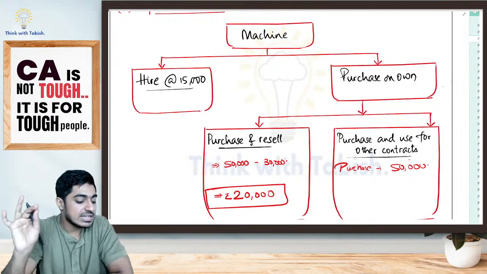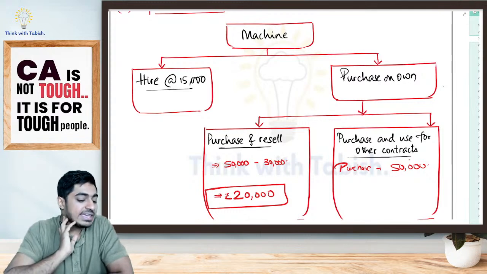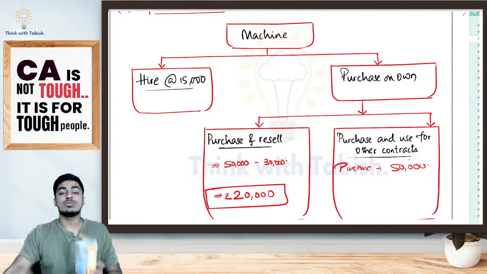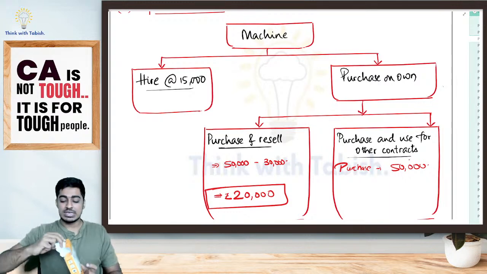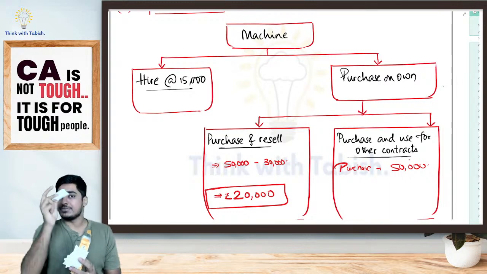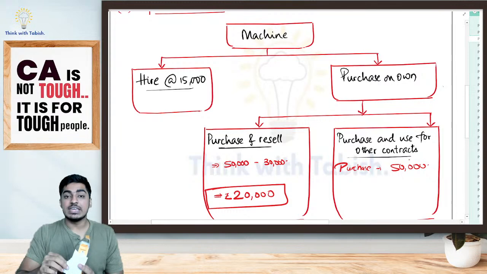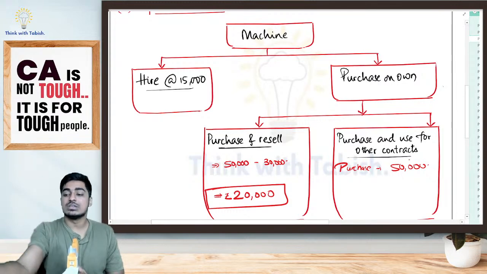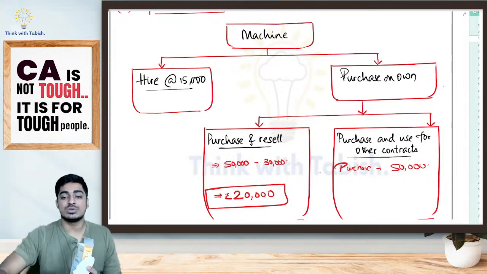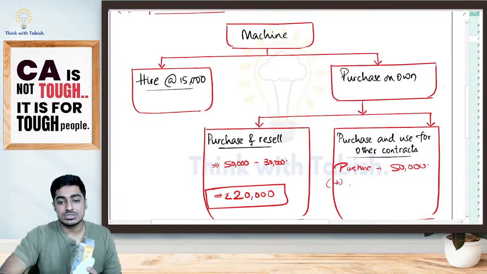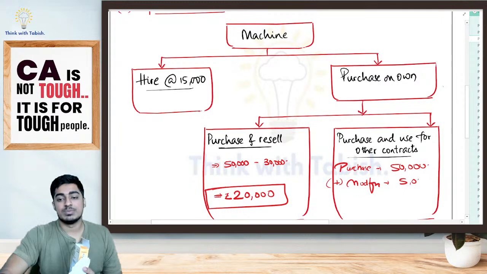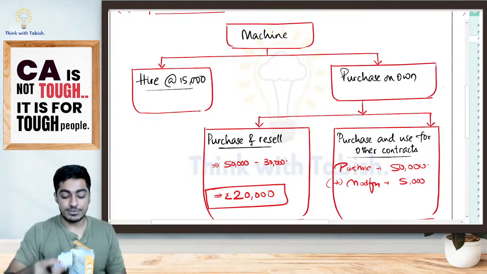No, but there is another option. I can modify it at a cost of 5,000. Originally to purchase I paid 50,000. Now to modify I am paying 5,000 more. Altogether I have paid 55,000.